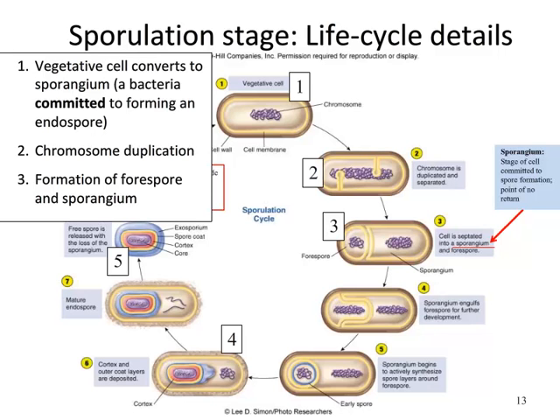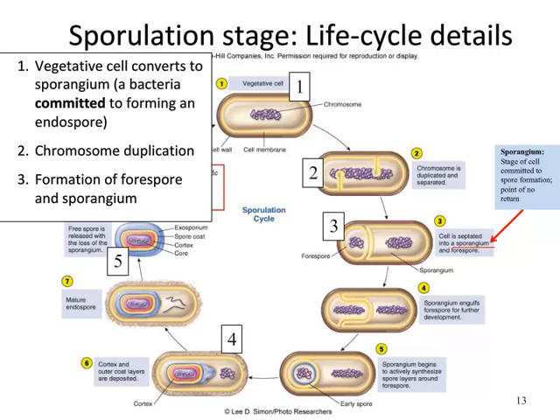There's no turning back once the vegetative cell commits to becoming an endospore. In step 3 of this diagram, you can see on the left that a little forespore is beginning to form after the chromosome has duplicated back in step number 2.